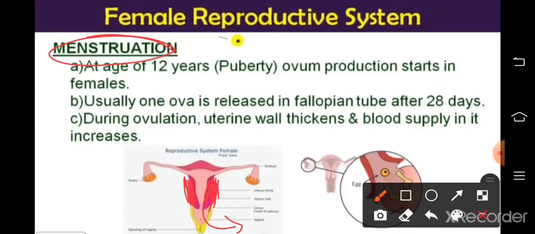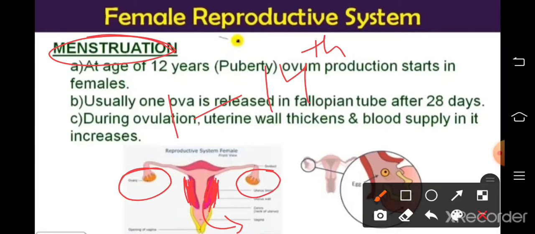If we consider that menstruation starts from day 1 to 14, sometimes one ovary releases an egg and after that the other releases an egg, meaning alternate releasing of eggs occurs from both ovaries.